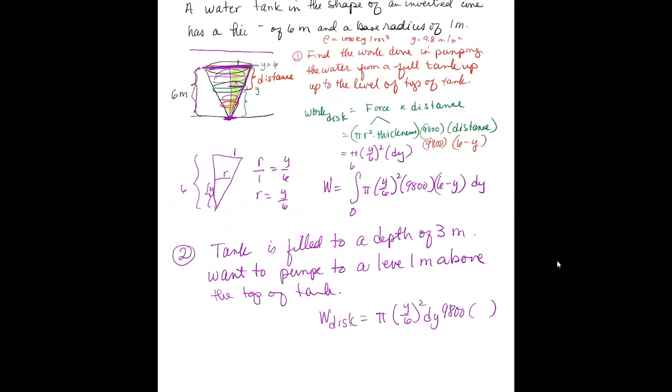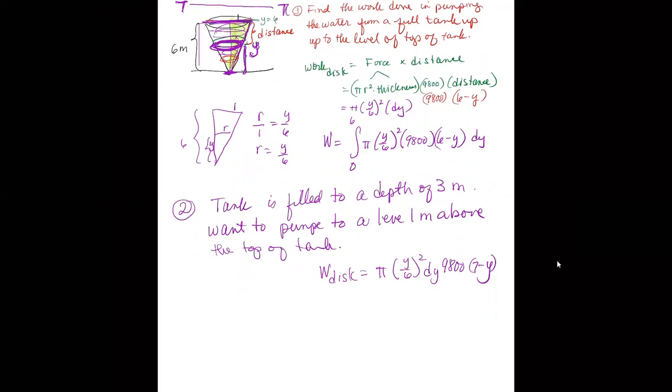Well, the tank is 6 meters tall, so 1 extra meter will be a height of 7 meters. So this little disc right here still sits at some y value, and we're going to have to get up to 7. Top minus bottom would be 7 minus y. So that's for one little disc, and our total work would be what we get when we add up all our increments of work.